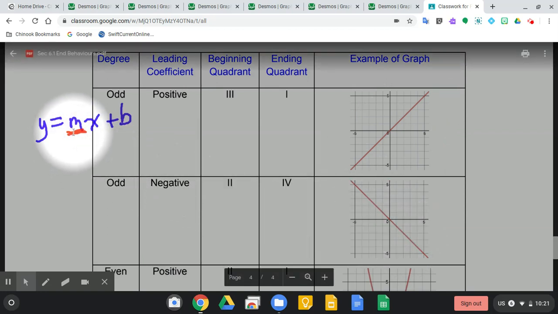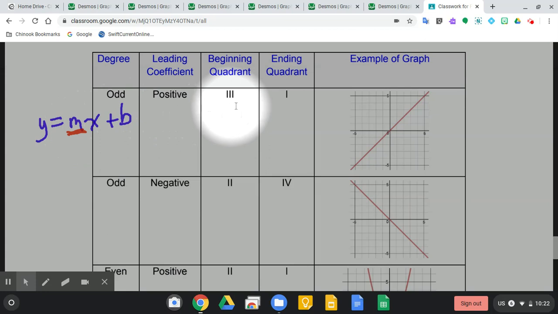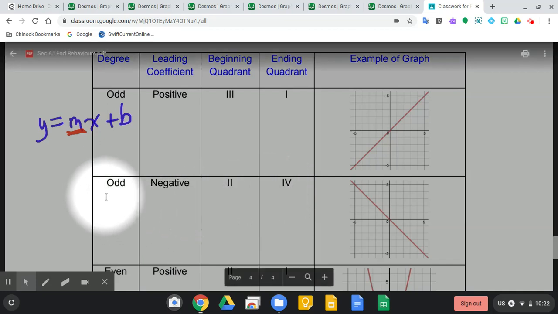And we refer to this m as the leading coefficient. It's the number in front. And if that number is positive, it's going to start in quadrant 3, end in quadrant 1. And if that number is negative, it's going to start in quadrant 2 and end in quadrant 4. And that will be true for every odd function in the universe.